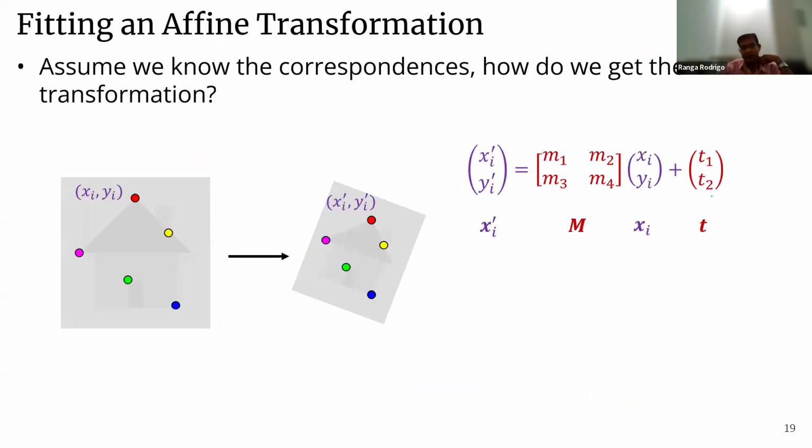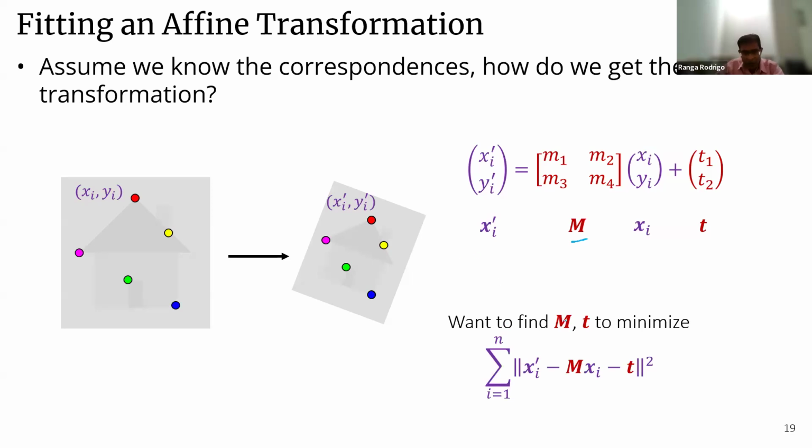So T1 and T2 here, this is the T, and M1, M2, M3, M4, a slightly different notation, but it's the same thing: the translation and this matrix M. So the six parameters that we have to estimate.